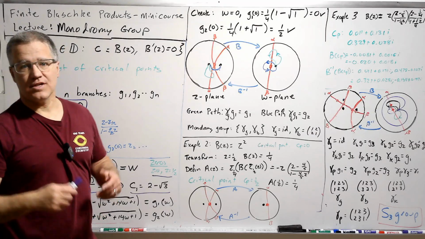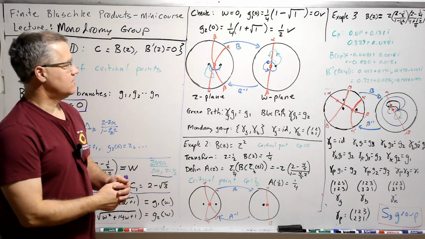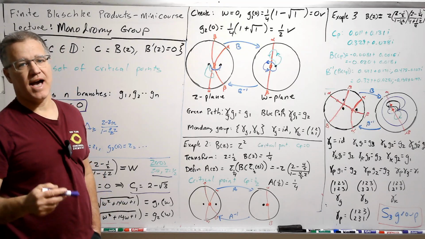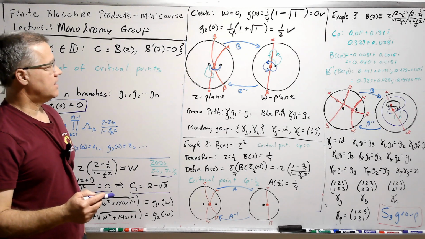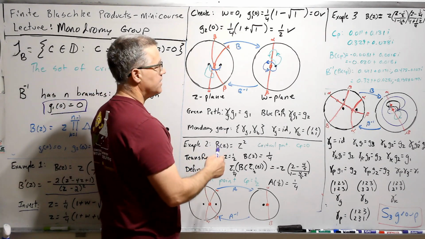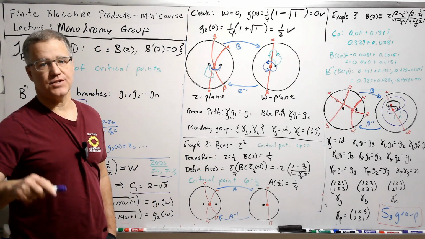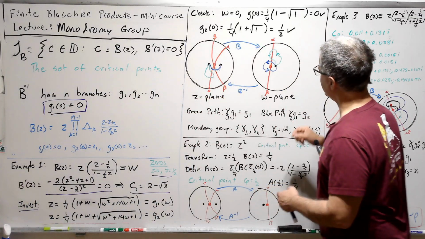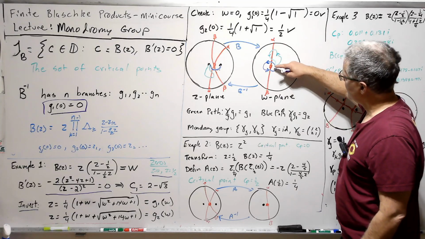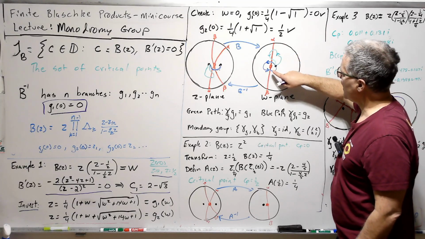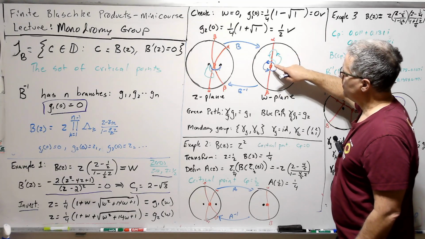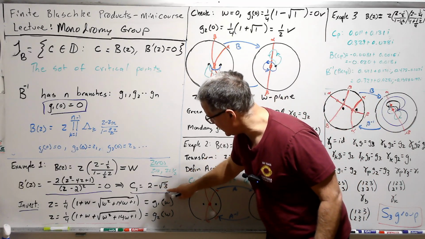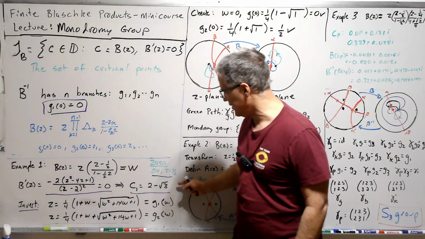Okay, so now comes the homotopy here. We're going to consider all possible paths in the W plane that form a loop from 0 to 0. So how we do this is we find the critical value.